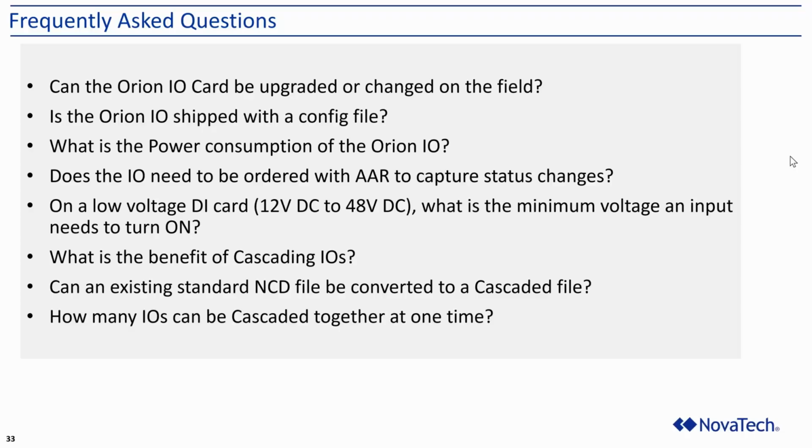And the second one is if you're not doing cascading, you're going to have to map between the master and the slave, or between the Orion I/O and the Orion LX. If you're doing DMP, you'll need to configure a DMP server and a DMP client and map the points. If it was cascaded, the points are already mapped, so you don't have to do that anymore.